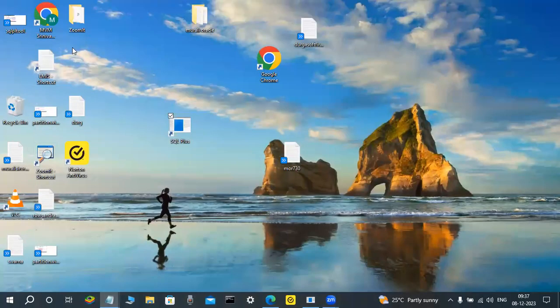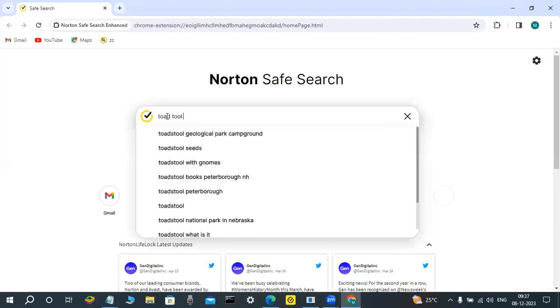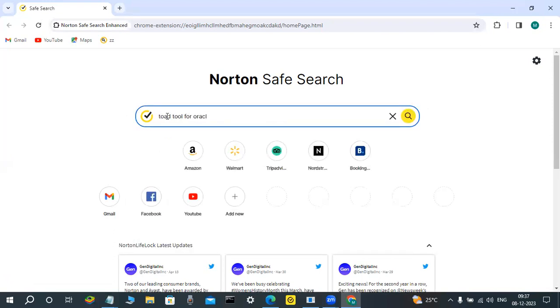Now, these are tool names only. Suppose anybody is interested to know more, in Google, for example, you type Toad as a tool. This Toad tool is available for the Oracle side also. Again, for SQL Server, which I already told you is a Microsoft product, it is also available.